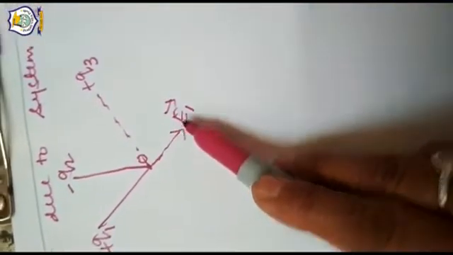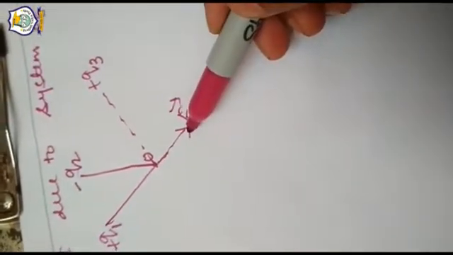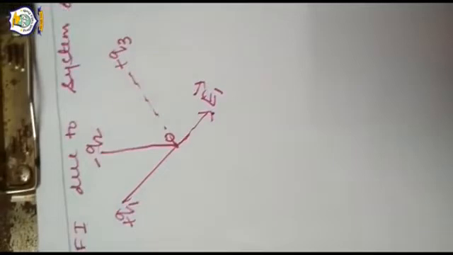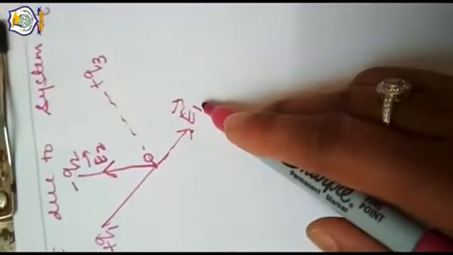See, focus on these arrows. Once you have understood how we can take the direction of electric field intensity due to positive charge and negative charge, because these arrows are very important at every point in derivation. Also you have to tell the direction. So until you know the importance of putting the arrows, how can we be very sure about it? So minus Q2 will be E2 towards it. See, this is away from Q1, so I am writing E1.